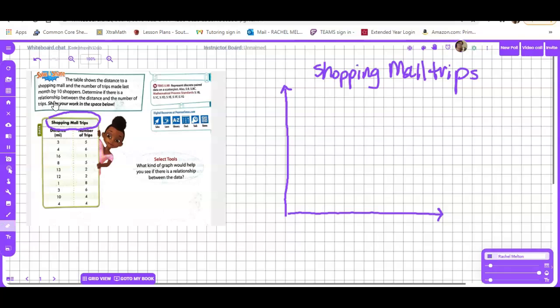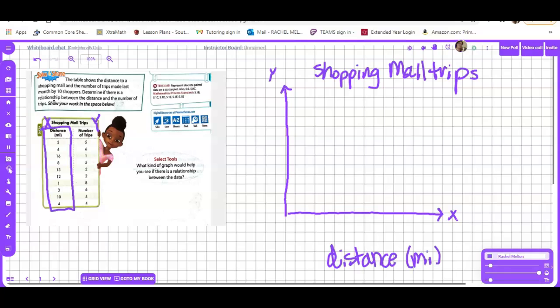Let me erase that part so we can see better. Remember, X is first, Y is second. My x-axis is this first column, which is telling me distance in miles.